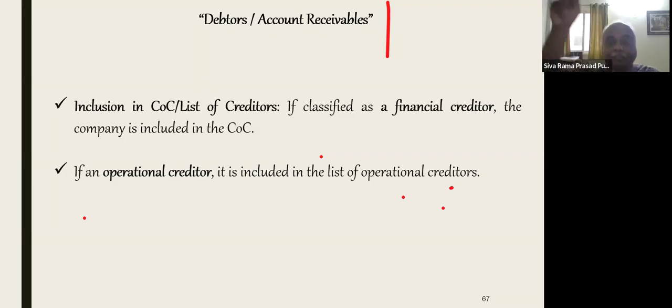He steps into the shoes of the operational creditor and will file the application as an operational creditor, not a financial creditor. In with recourse, he will act as a financial creditor. Without recourse, he will act as an operational creditor. So for inclusion in the COC list of creditors, if classified as a financial creditor, the company is included in the COC. If operational creditor, it is included in the list of operational creditors. Without recourse, operational creditor. With recourse, financial creditor.